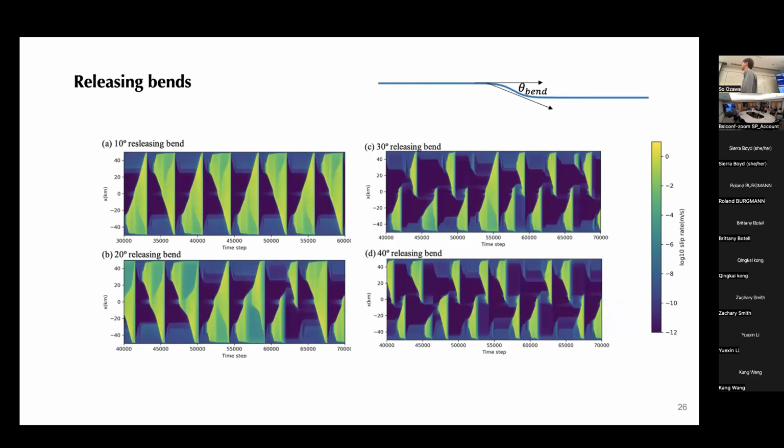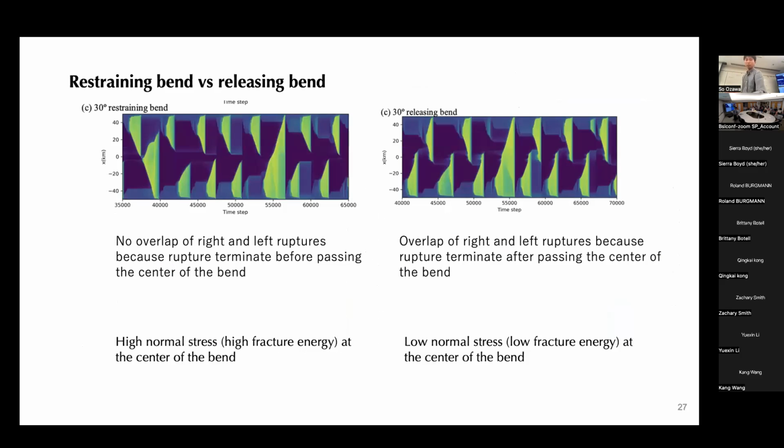The situation is very similar in the case of a releasing bend. The releasing bend has this structure, and there are a lot of partial ruptures, the ratio of which increases with bend angle. But one important difference between restraining and releasing bends is that in the restraining bend, there is a left segment and a right segment, and the ruptures of the left and right segments don't overlap.